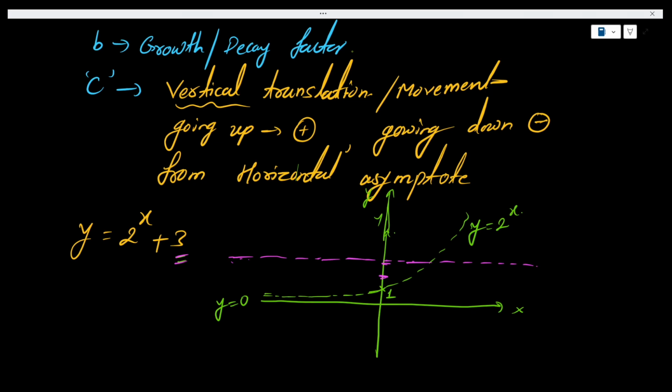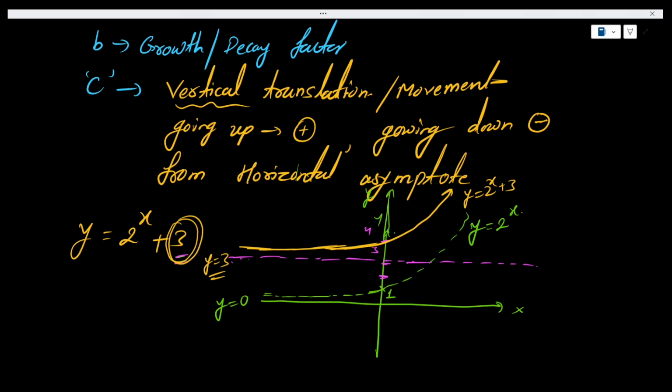So if this is the y-axis, what is your graph going to look like here? Because now your asymptote is here, this is 3, and where is the y-intercept going to be? It can be 4. So your graph will look like this. This is 4, the y-intercept. So this is y equals 2 to the power x plus 3, where the asymptote has moved.